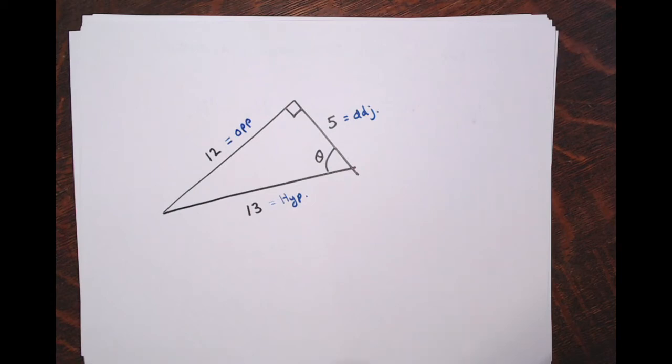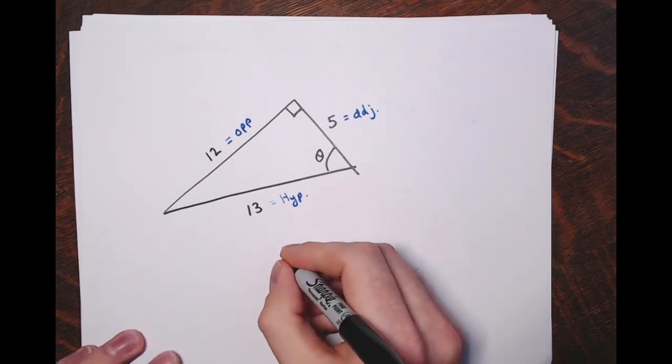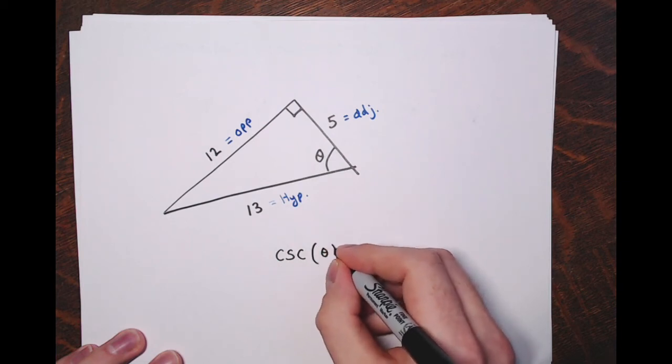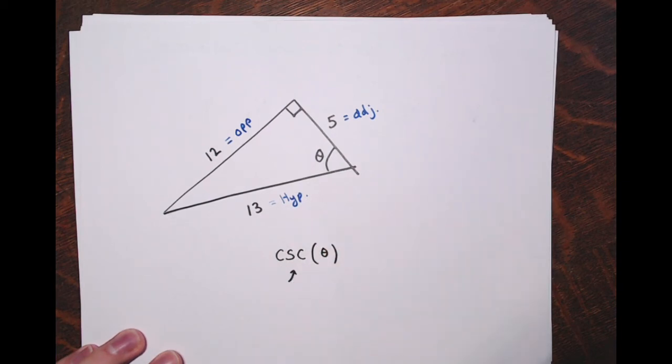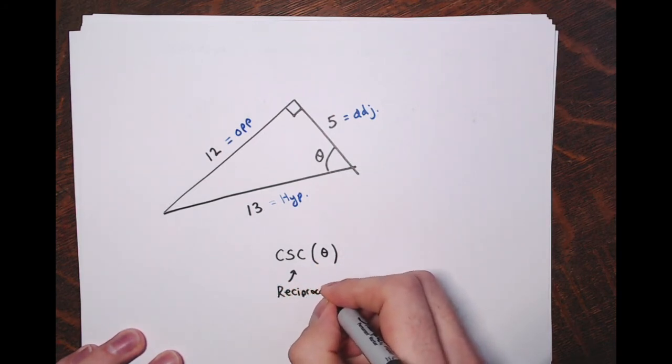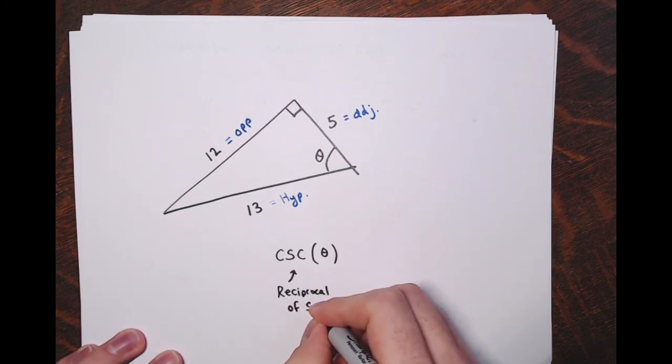This time we're asked for the cosecant of theta. So CSC, that was cosecant of theta. The cosecant is the reciprocal of the sine function.